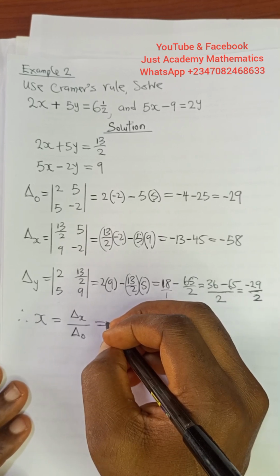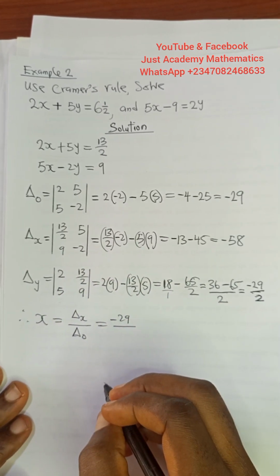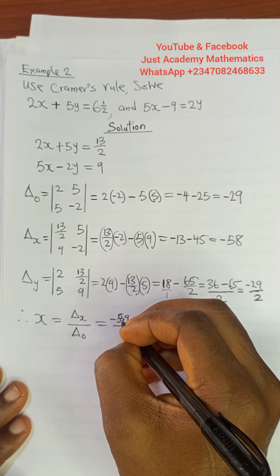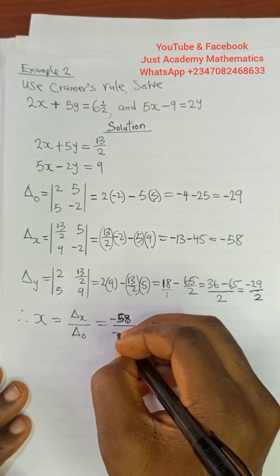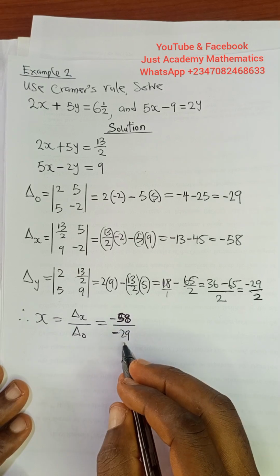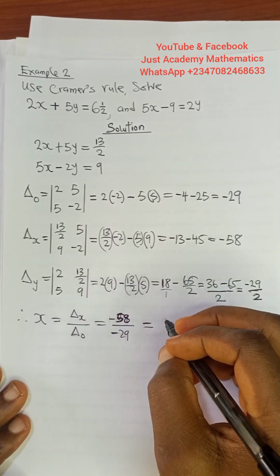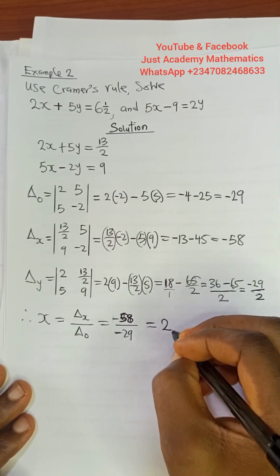Change in x is minus 58, not minus 29. Minus 58 over change in 0, which is minus 29. If you look at it carefully, 29 will go into 58 two times. Minus will cancel minus. So 58 divided by 29 is 2. So x is 2.